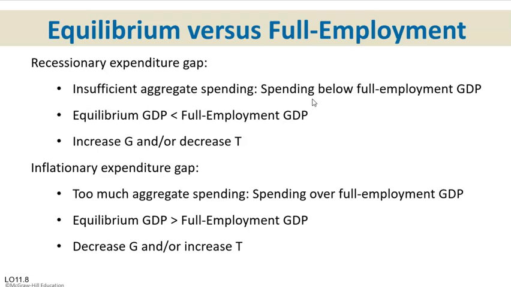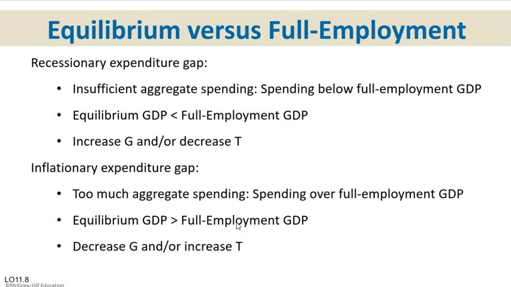The second type of expenditure gap is called an inflationary expenditure gap, and this is when the equilibrium GDP is too high. So the condition is the equilibrium GDP is higher than the full employment level of GDP. That means there's too much spending or too much aggregate expenditures.